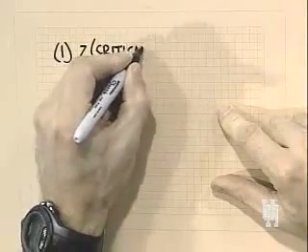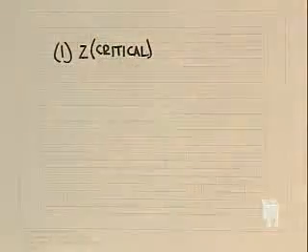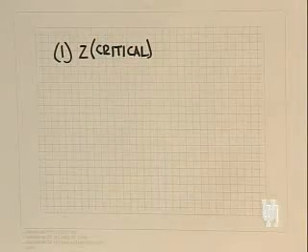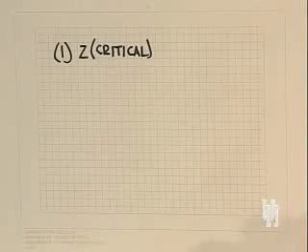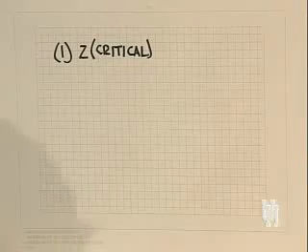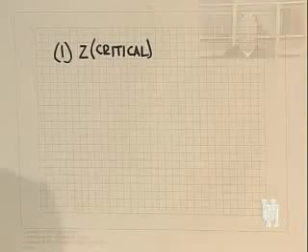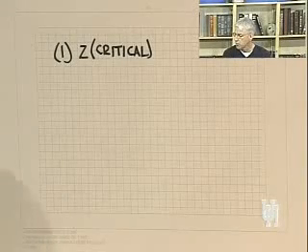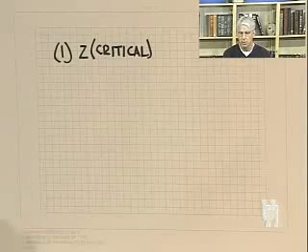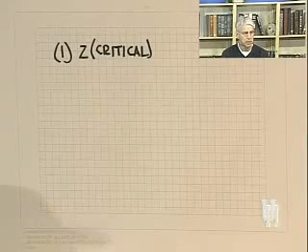That test statistic is a Z statistic in three situations. You use a Z statistic when you're comparing X bar and mu, N is large and sigma is known. You use a Z statistic when you're comparing X bar and mu, N is large and sigma is unknown.